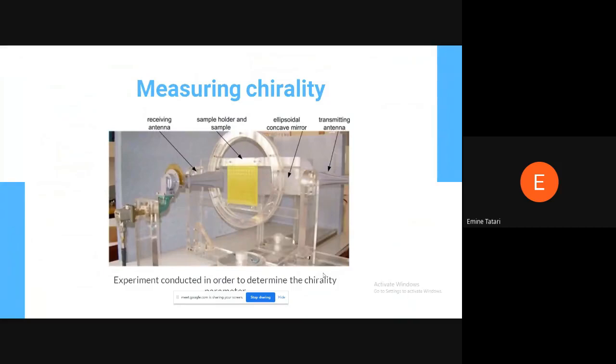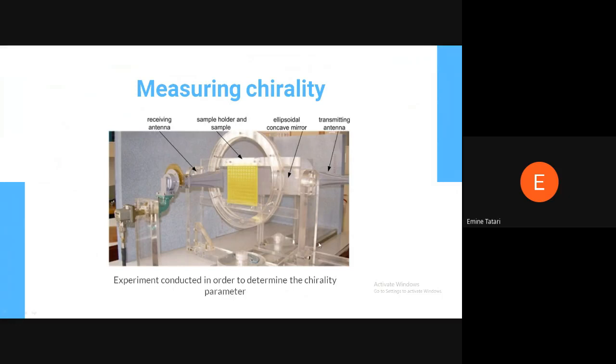We have measured some of the experiments conducted in chiral media, and they are mostly done with two antennas, one receiving antenna and one transmitting antenna, a sample holder and a sample. But this kind of experiment had a problem because the antennas were too close to the light, and it may have presented some error, and that's why the scientists also added an ellipsoidal concave mirror.